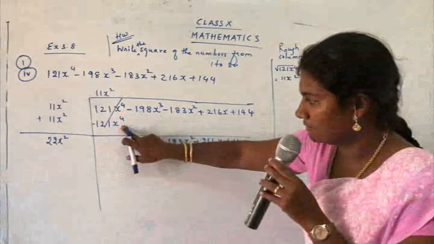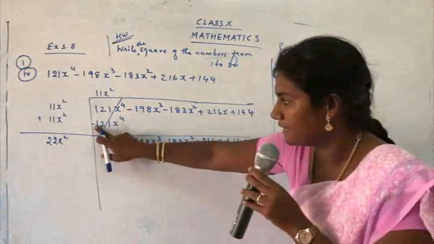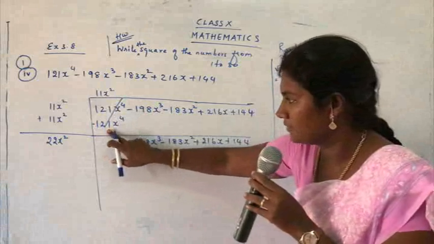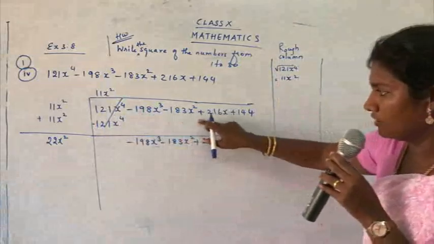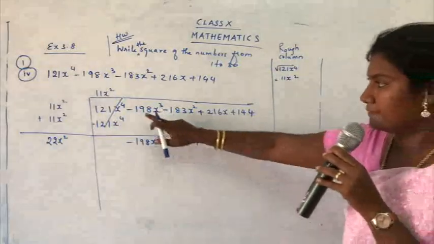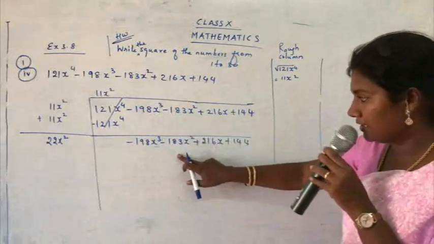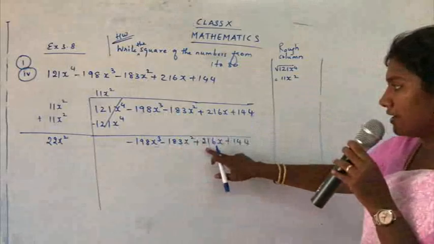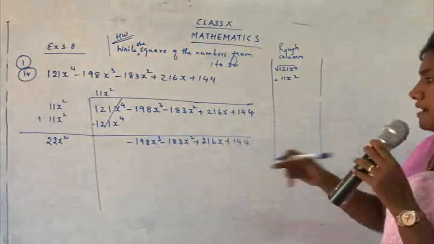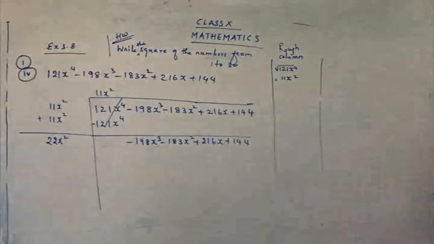Main sign is minus, so this term gets cancelled. Now take down all the terms that are left out: minus 198x cube minus 183x square plus 216x plus 144.